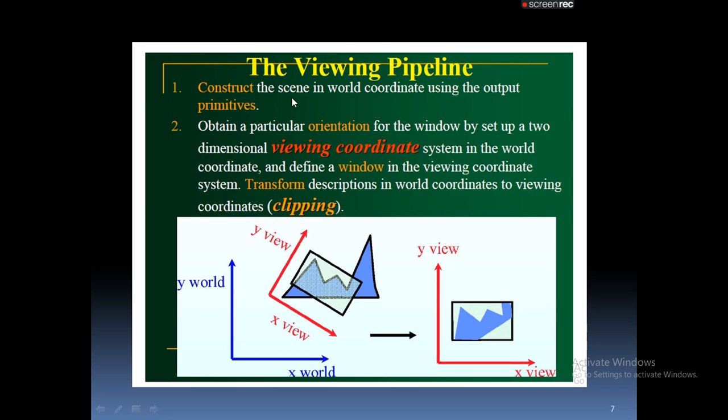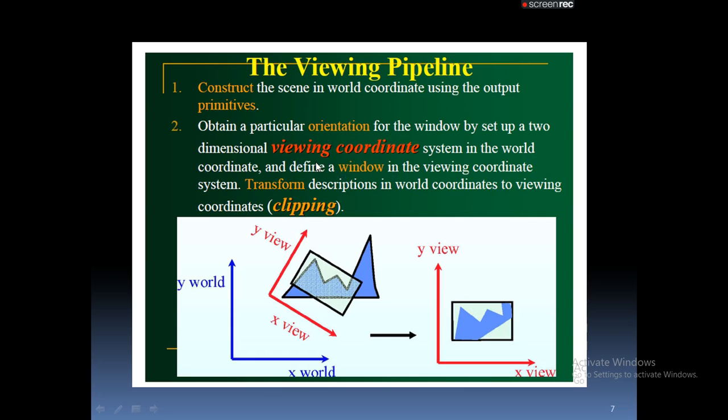Once the scene is specified using a Cartesian reference frame, either multiple Cartesian reference frames or only one, the next step is to obtain a particular orientation for the window. We need to specify the orientation of the window by setting up two-dimensional viewing coordinates.